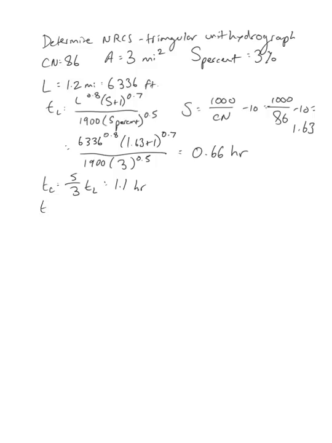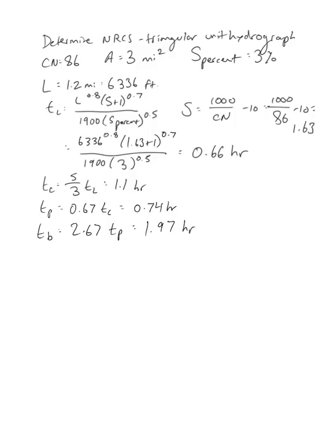Now I have T sub C, so T sub P is equal to 0.67 T sub C, which is 0.74 hours. And then we've got the time to base, T sub B, which is 2.67 times T sub P. So it's 1.97 hours.